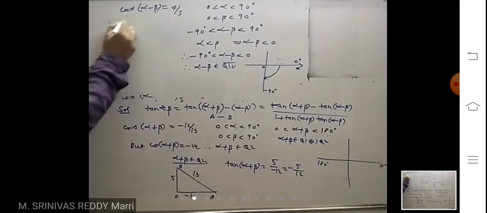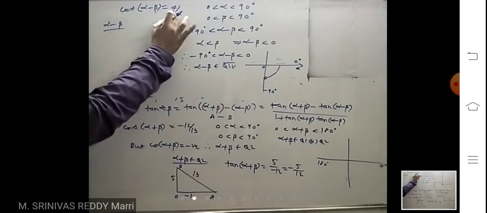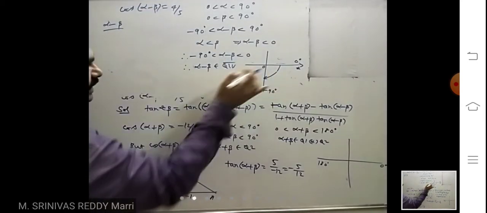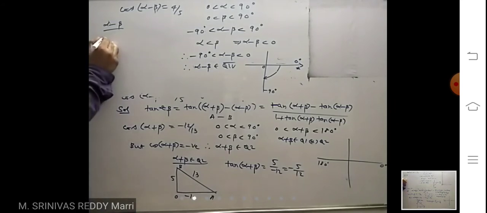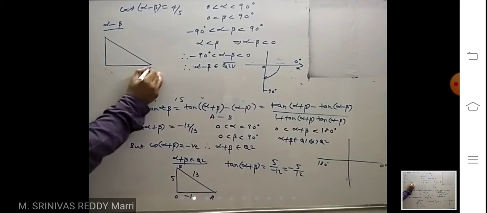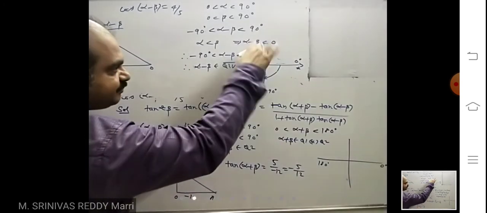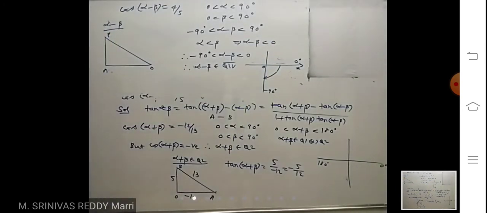Now in this quadrant I am constructing the triangle for alpha minus beta. Look at, cos is also given positive. In this quadrant cos is what? Positive only. Now I am constructing the triangle O, A, P. Now here x must be positive, y must be negative.